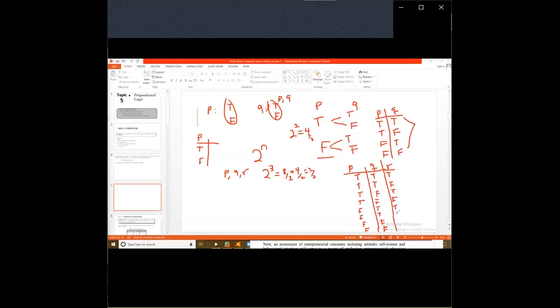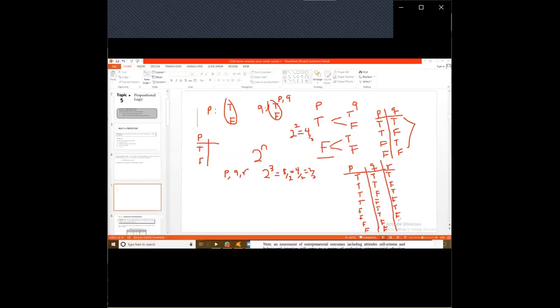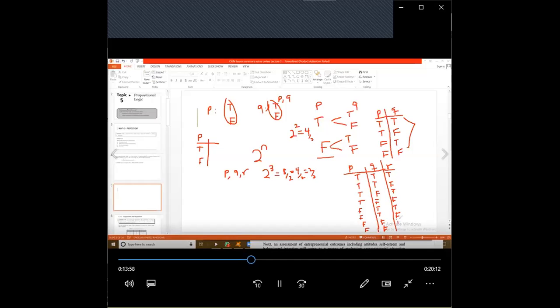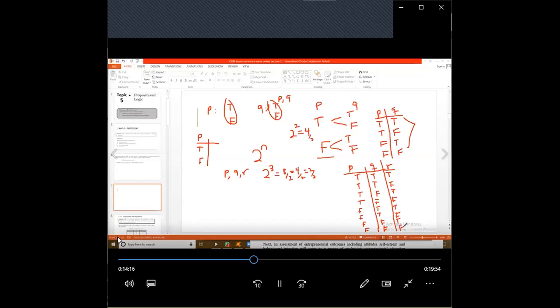So here you have just 1, 1. So false here. Then we have true, and then we have what? And then we have false. So this gives us the combination for 3 statements. I hope the development of the truth tables is clear enough.